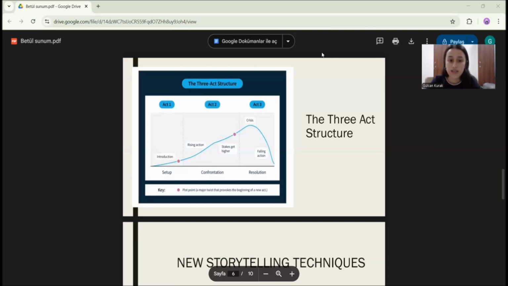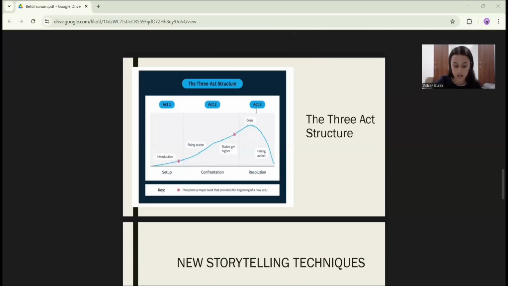And as you can see in this diagram, it is the shortest part of the story. In brief, I think these two techniques can be useful for your presentation. And also, you can use them in any work that you can do.